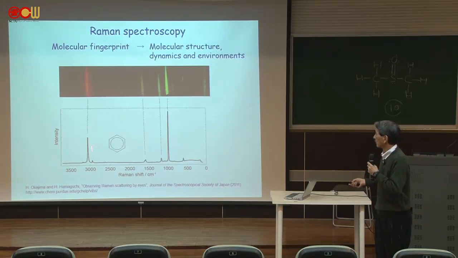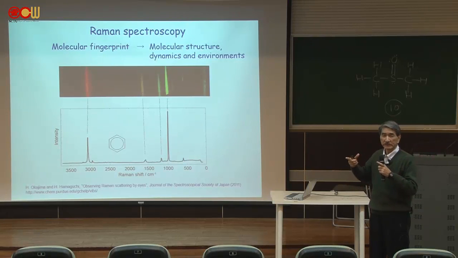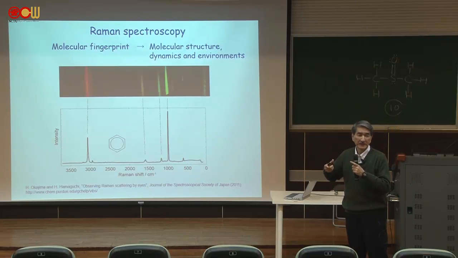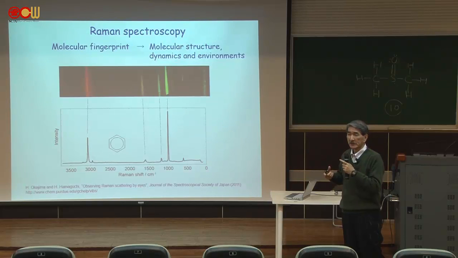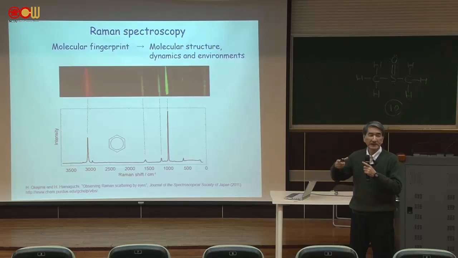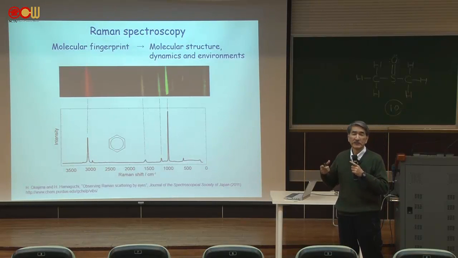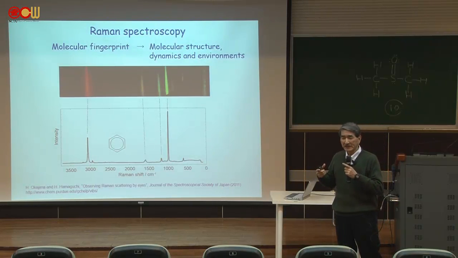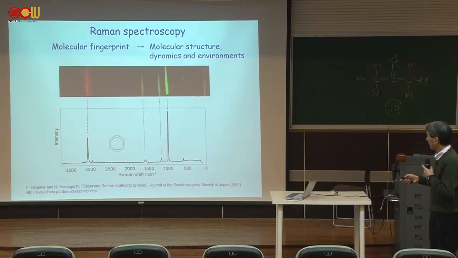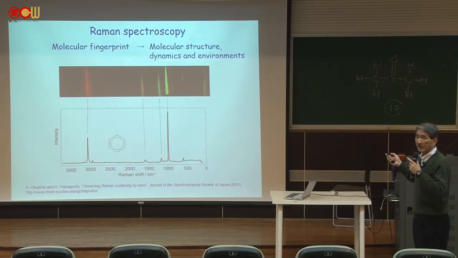You know the origin of the vibration, and then you can predict the wave number that you see by Raman spectroscopy. So by comparing your observed spectrum with your theoretically predicted spectrum, you can tell many details of the molecule and molecular structure.